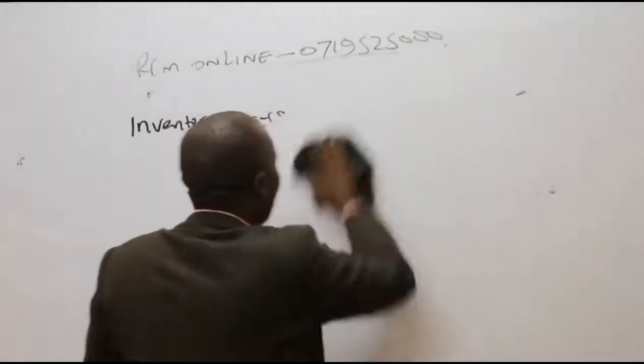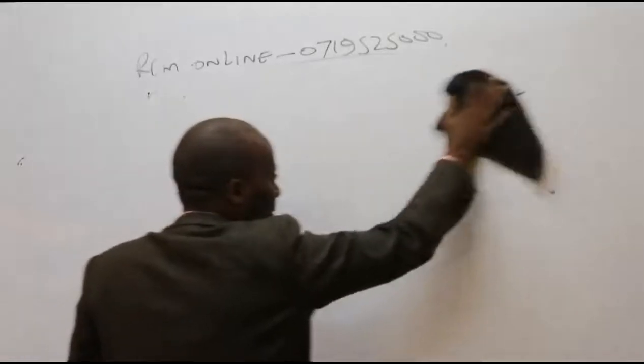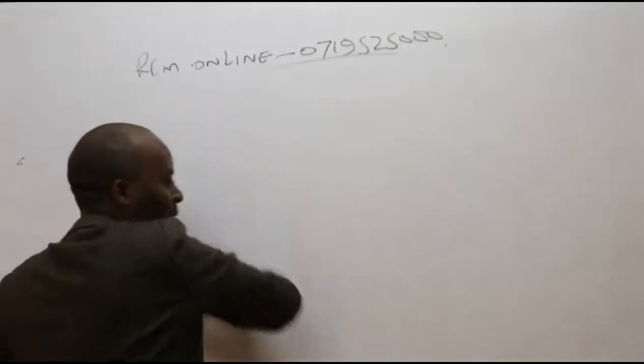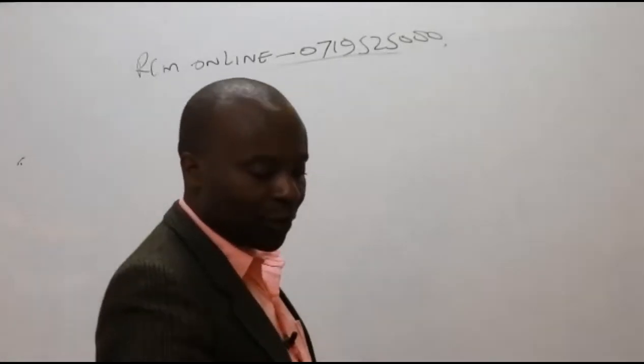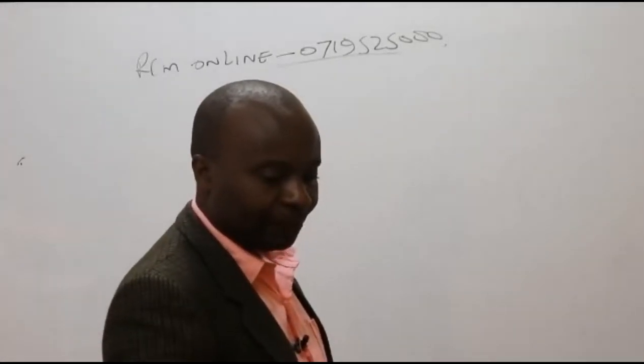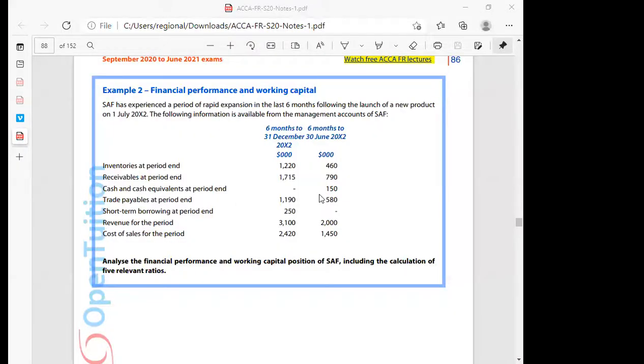Remember, basically, they want us to build for them a working capital financial performance. So we are advising them. So from there, ladies and gentlemen, we have the receivable days, receivable at period end. So receivable days, I have my 790 there for June.